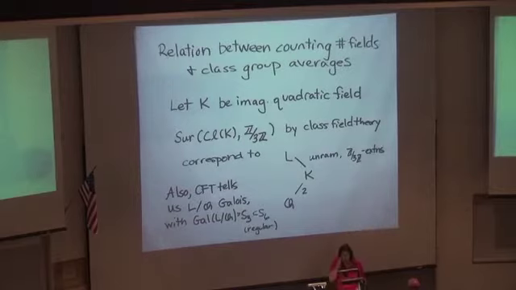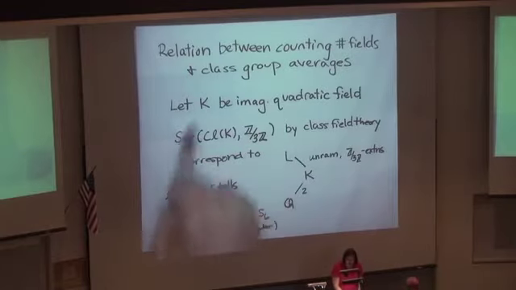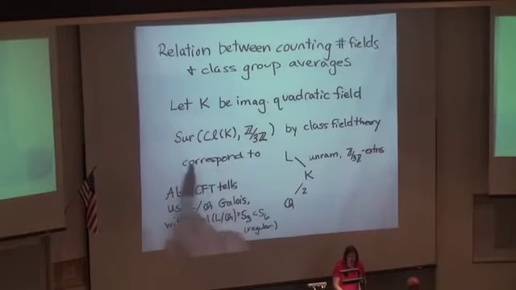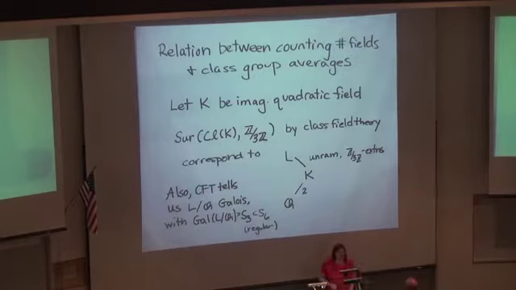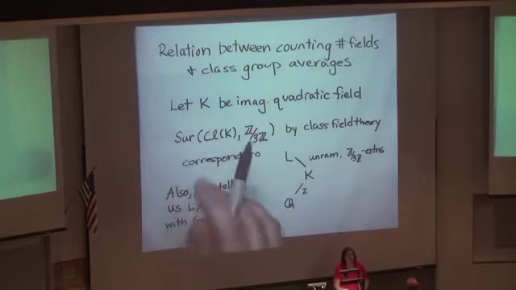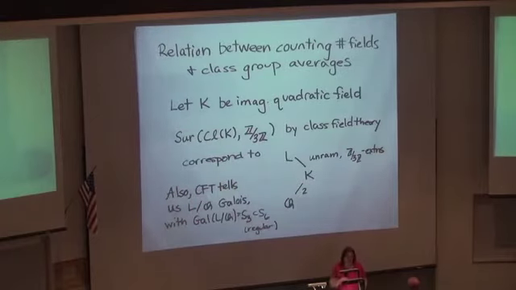So already you can start to see a connection, which is that if we wanted to know about the number of these surjections from the class group to Z mod 3, because we were averaging that over quadratic fields, first we count the surjections, put that in the numerator, we count the quadratic fields, put that in the denominator to get the average.